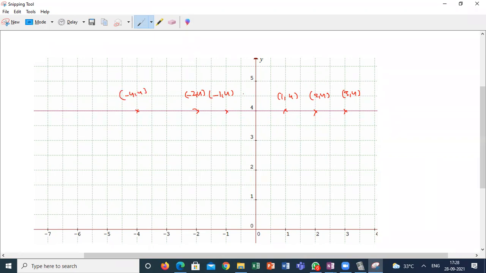What is the common condition here? If you look into this, the common condition is its y coordinate is fixed.